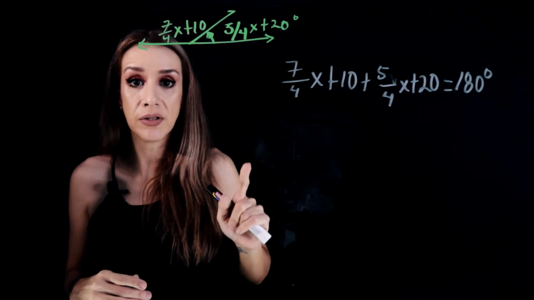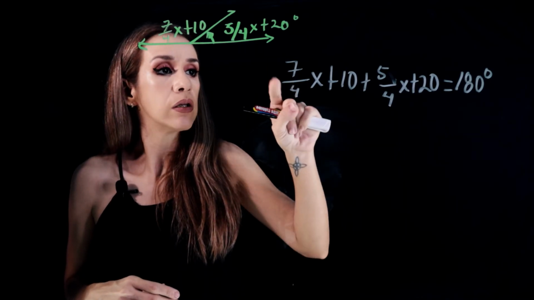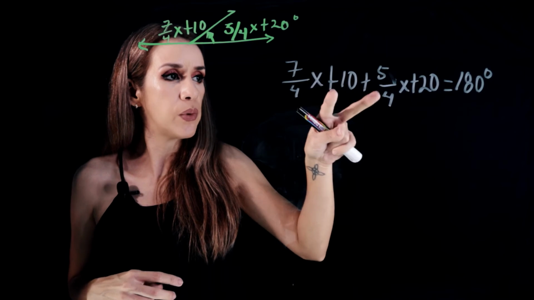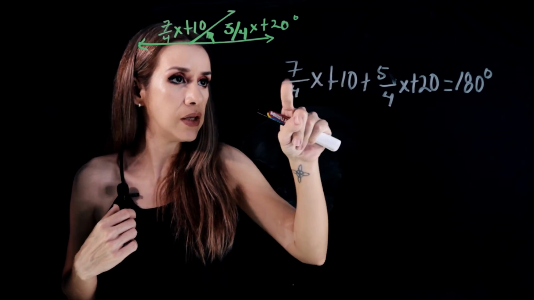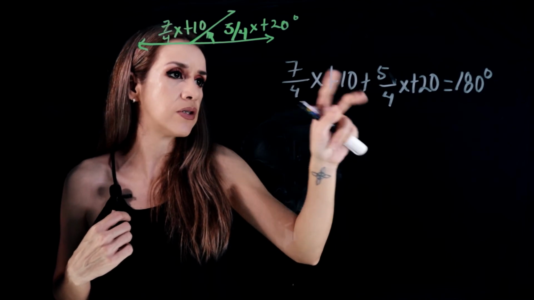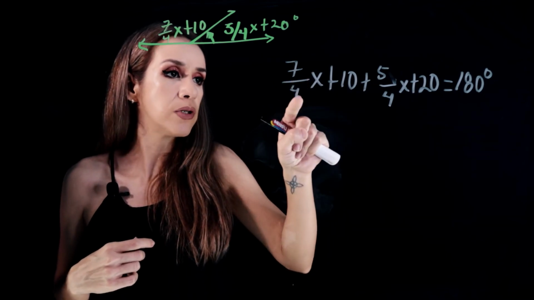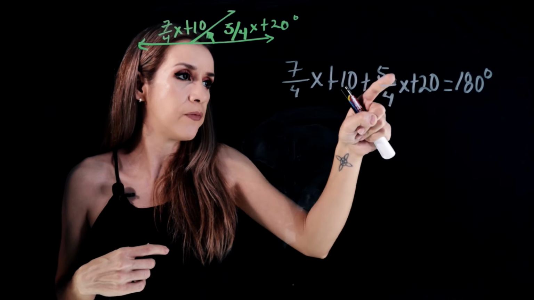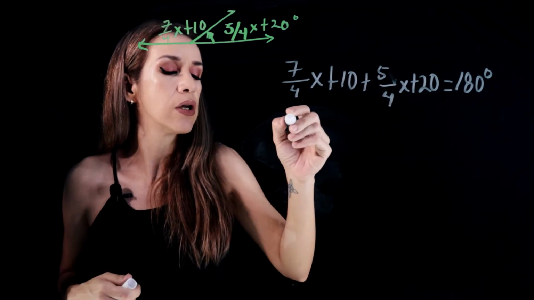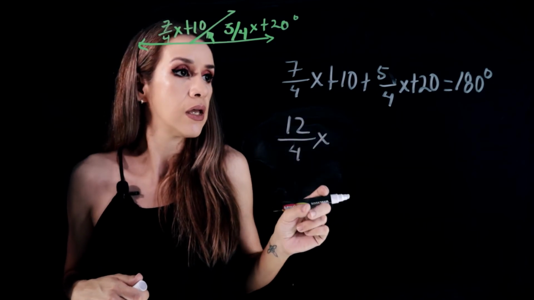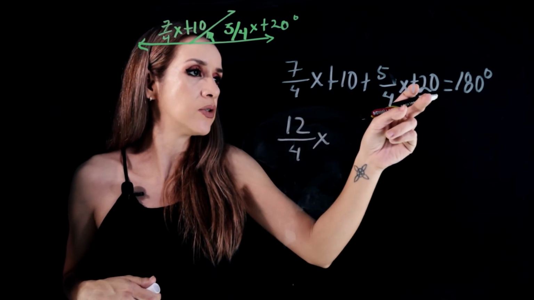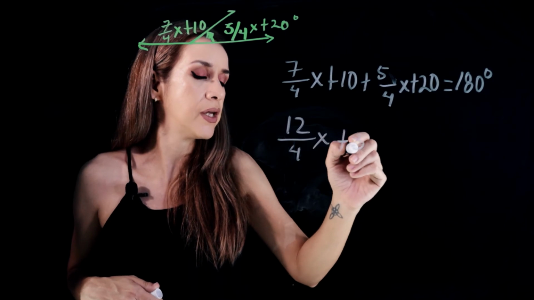Now let's simplify the similar terms. This term and this term, they both have the x. The power of the x is the same, so I can simplify the coefficients of these two elements. 7/4 of x plus 5/4 of x is the same as 12/4 of x, okay? Now this 10 plus this 20 is equal to 30, right?